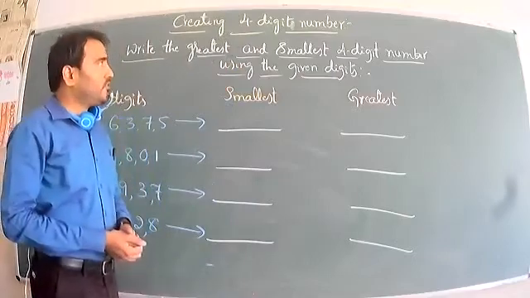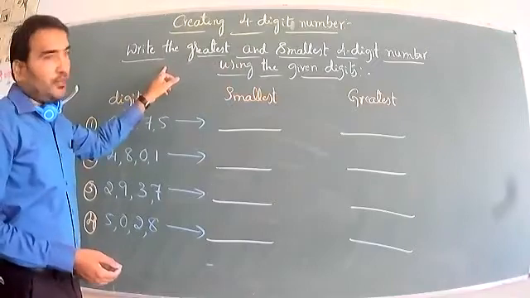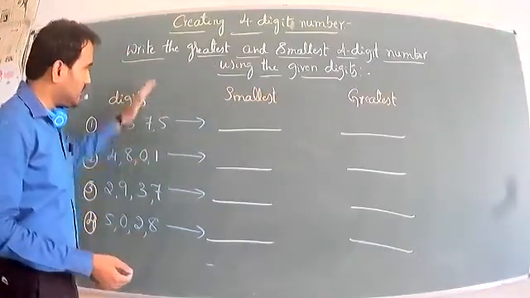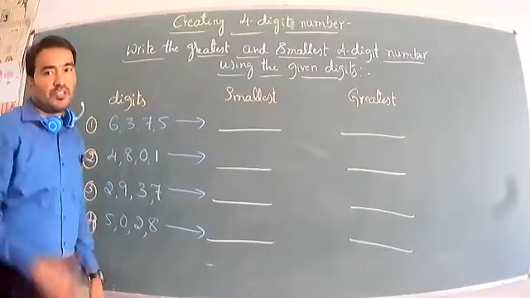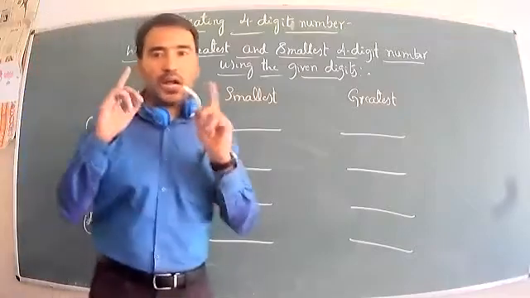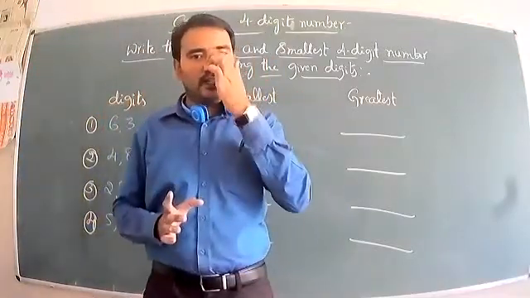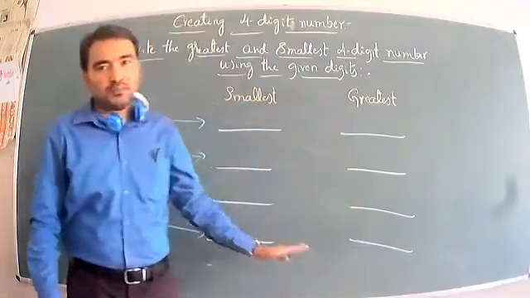In this type of question, digits are given, and using these digits we make the smallest number and the greatest number. You already know the ascending order and descending order concept, so it is easy.